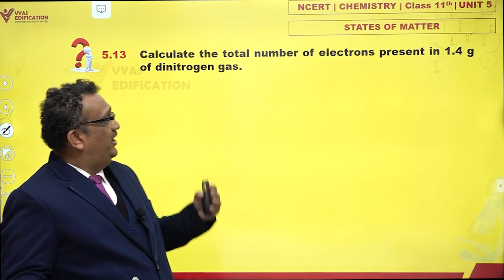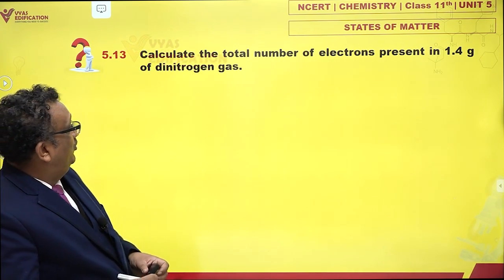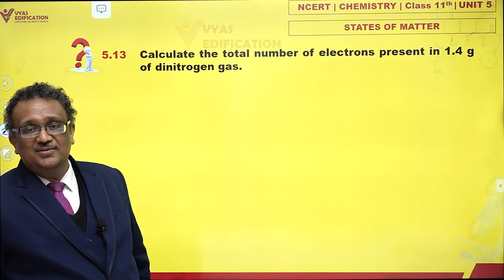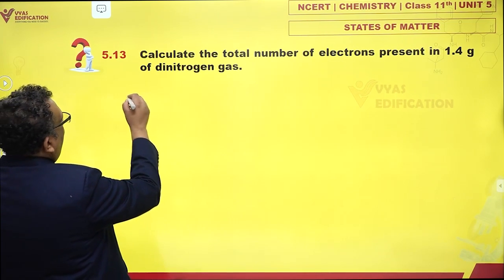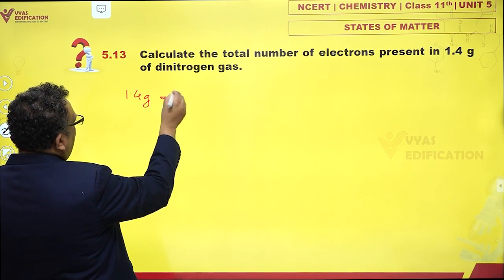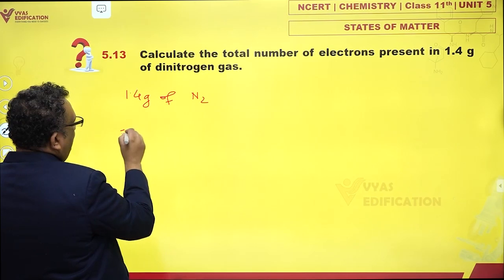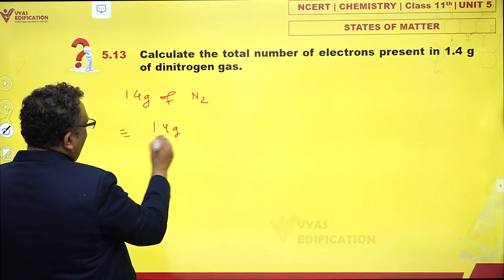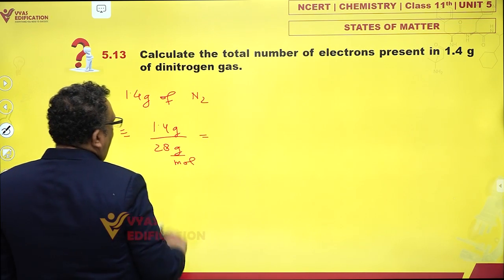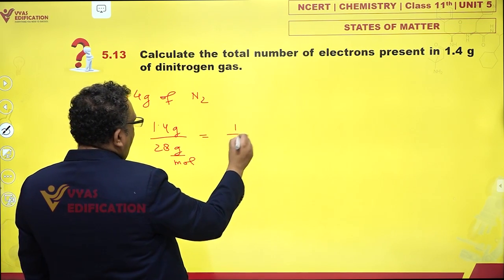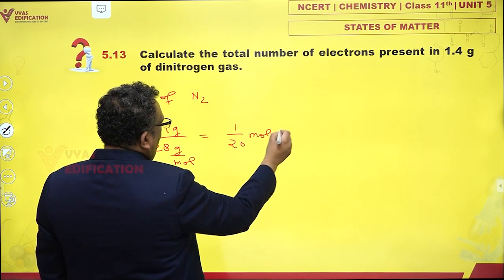Calculate the total number of electrons present in 1.4 grams of dinitrogen gas. Well, doesn't sound very awful. I have 1.4 grams of dinitrogen. That means 1.4 grams divided by 28 grams per mole, which is 1 upon 20 moles of N2.